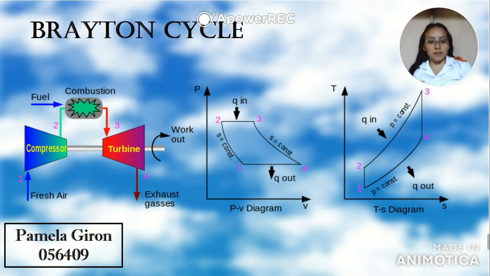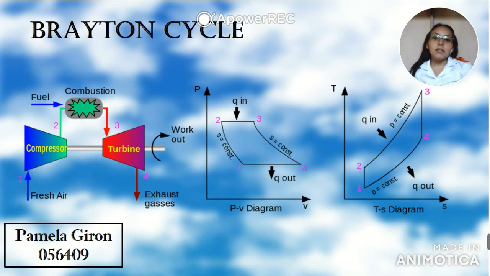Since this phase is very fast, it is modeled by adiabatic compression. Combustion chamber: in the chamber, the air is heated by the combustion of kerosene. Since the chamber is open, the air can expand, so the heating is modeled as an isobaric process.